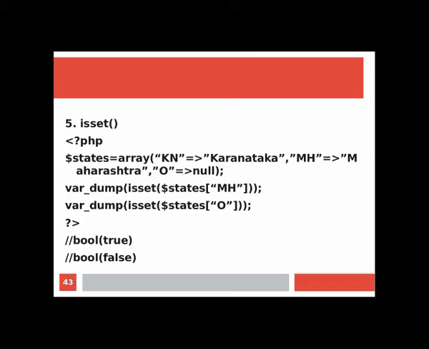$states = array("kn" => "Karnataka", "mh" => "Maharashtra", "o" => null); See here, a null value is given.